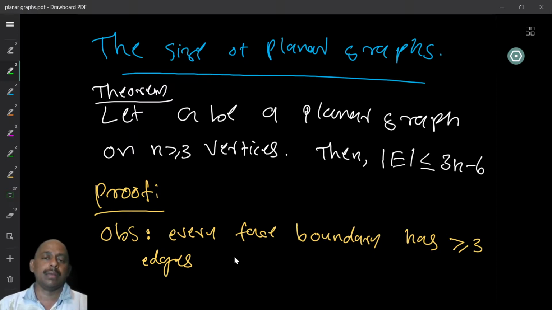Now, this says that when you have a certain number of faces, then the number of edges must be related to the number of faces.